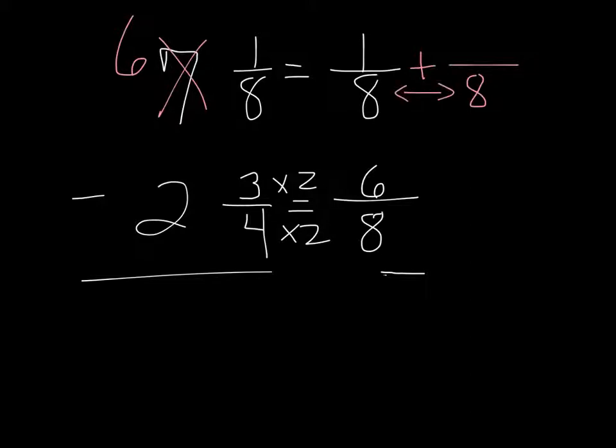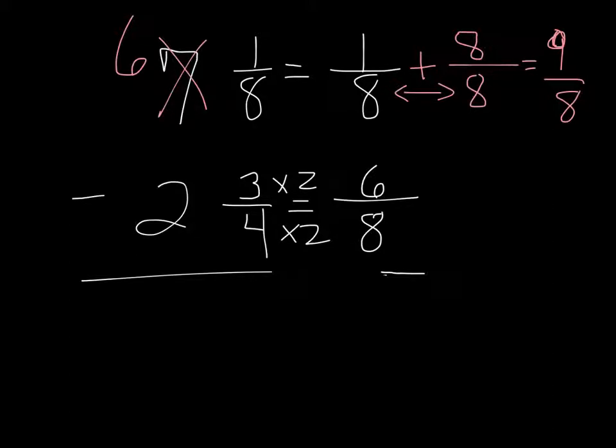And since the bottom number is 8, the top number is going to be 8 as well. And now we can add our two fractions and we would get 9 over 8. 9 over 8 is an improper fraction, but that's what we were looking to get. We needed to increase our numerator so we could subtract the bottom one. And so we created an improper fraction on purpose so that we can subtract.